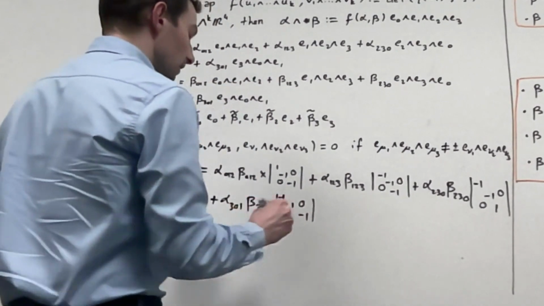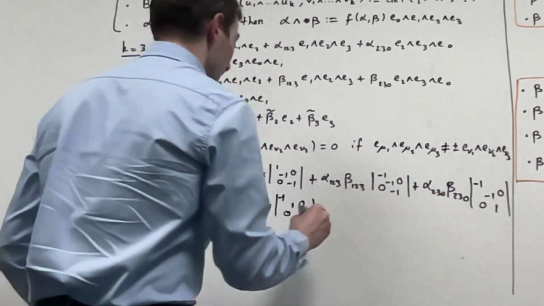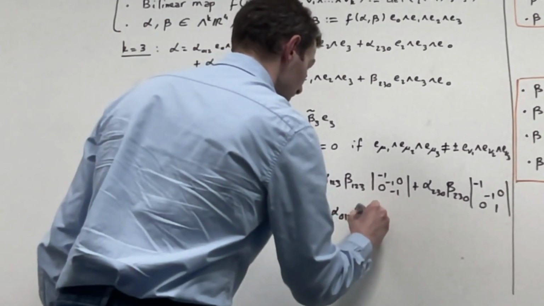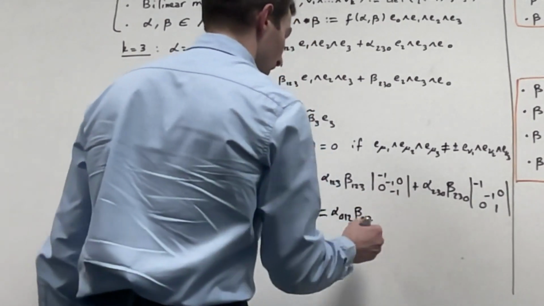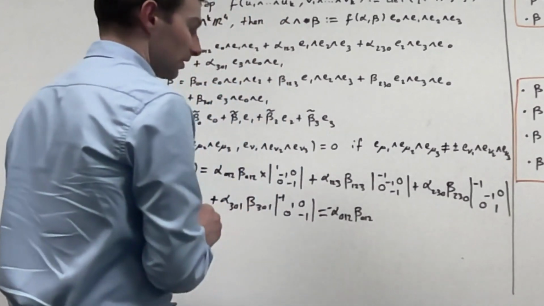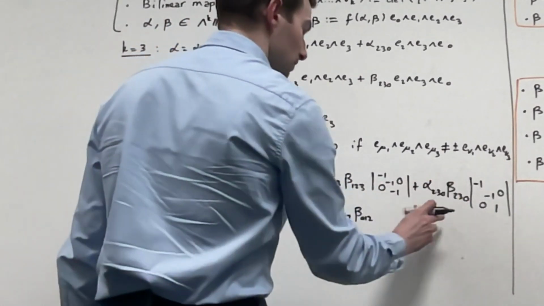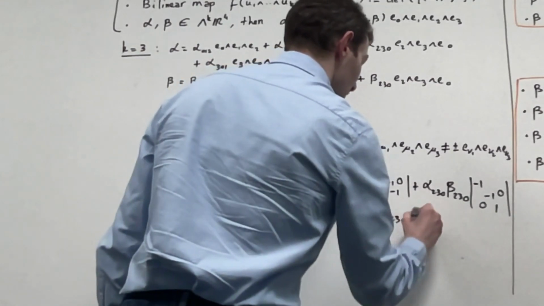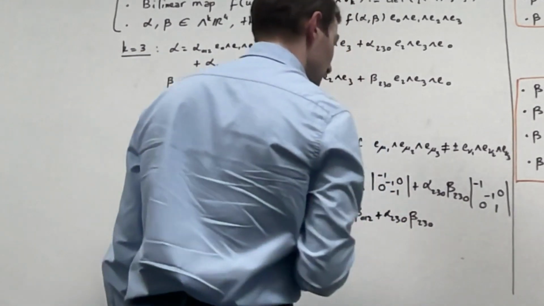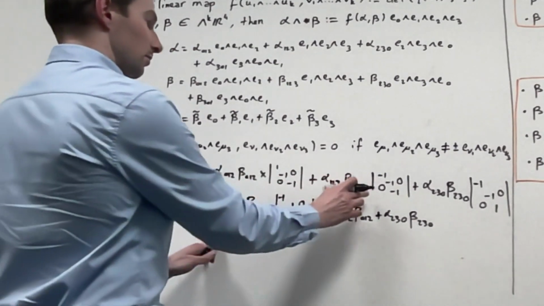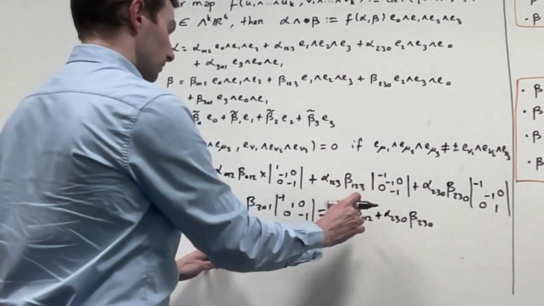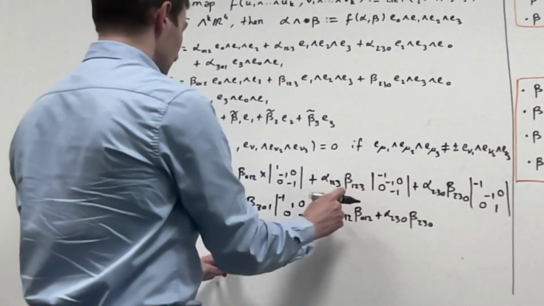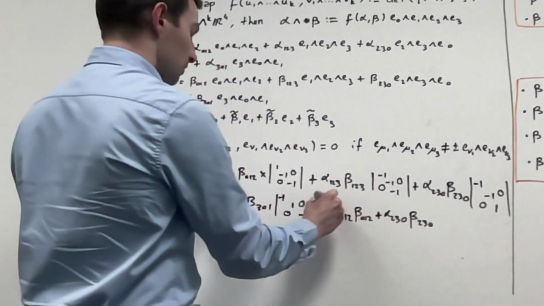So consequently, this is going to be equal to alpha 0, 1, 2, beta 0, 1, 2, then times -1. So I put a minus here. Then here, this is a plus, so plus alpha 2, 3, 0, beta 2, 3, 0. Okay, so that's this plus here. I forgot this one. Apologies. So here it's a plus.